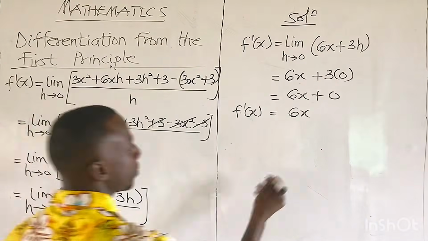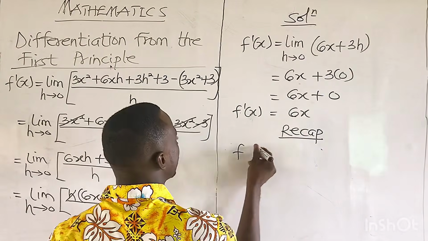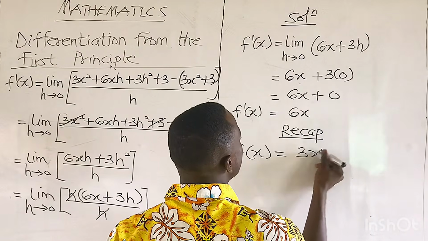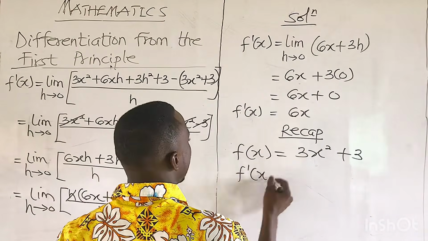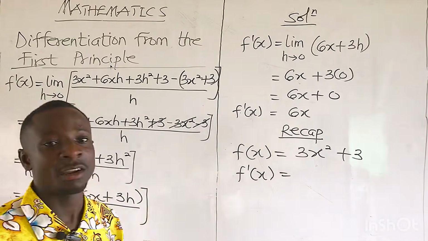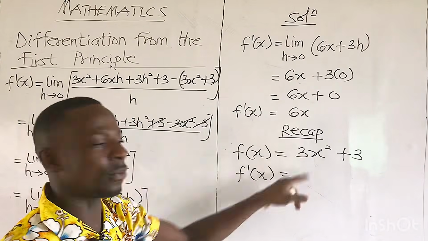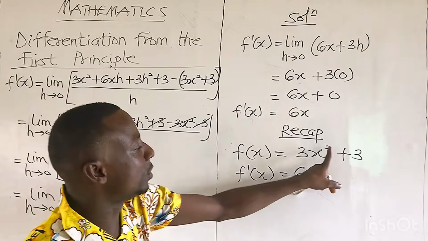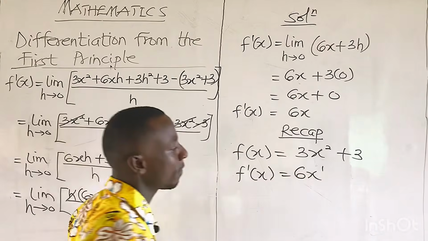Let's do a little recap. The question was f of x is equal to 3x squared plus 3. In differentiating from the normal perspective, the 2 here will multiply the 3. We have 6. Then you repeat the x. You take 1 from the exponent, we still have exponent 1.